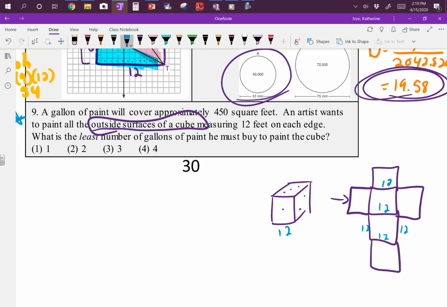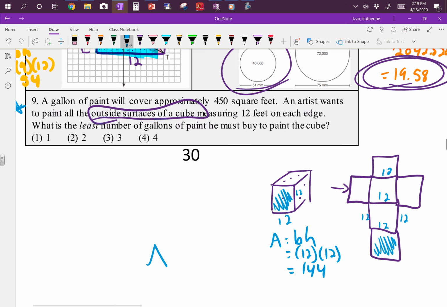Okay, so if I wanted to paint this surface, this piece right here, it would be a 12 by 12? So my area would equal 12 times 12, or base times height, which is 144. And there are how many sides of that cube? 6 of them.